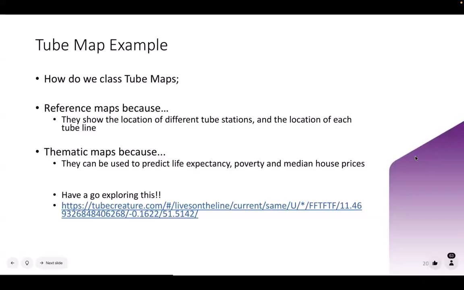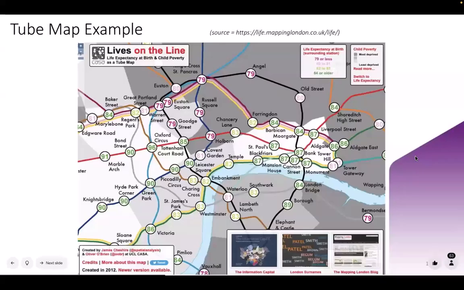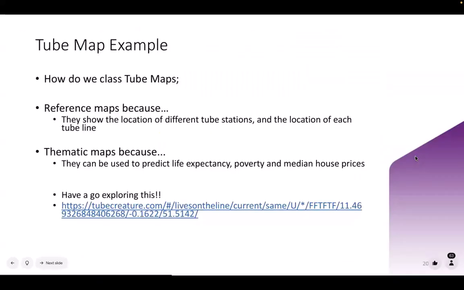But of course, it does move one step further into the thematic maps because it's being used to predict life expectancy, also poverty and median house prices, which weren't shown in the previous slide, against tube stations. You can have a go at exploring this by following the link Lives on the Line. But yeah, this was just a really cool example to show you an example of a thematic map.